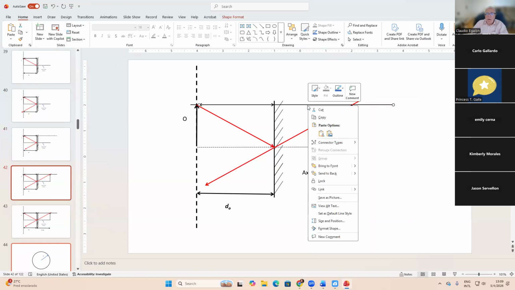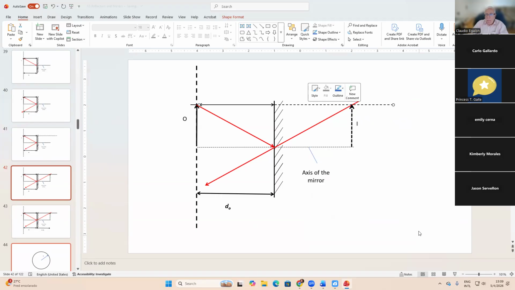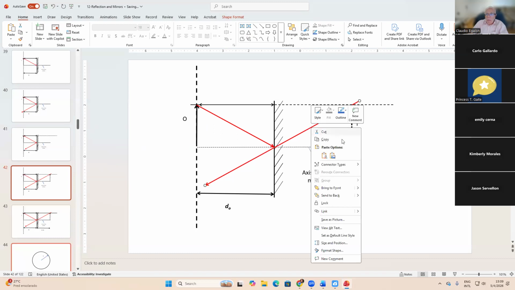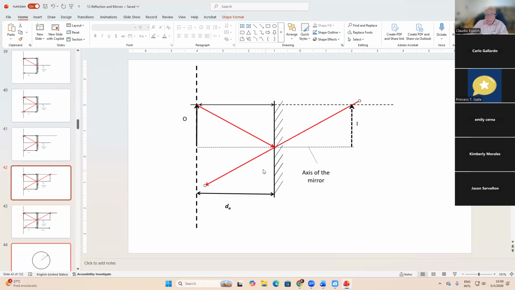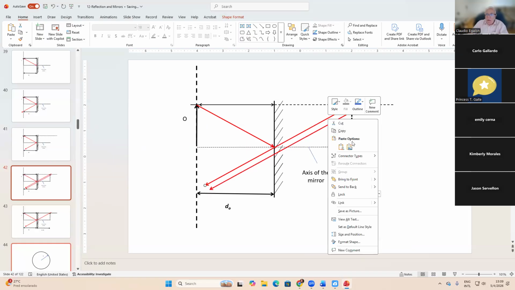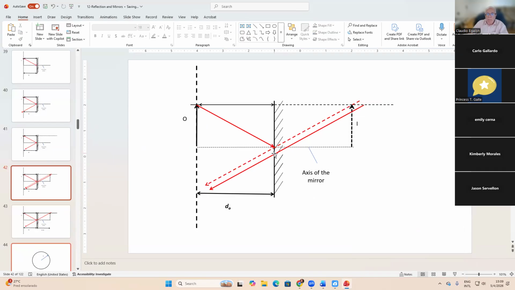This one I can dash, the other one I believe I can't. If I dash this one, everything else is going to be dashed, but that's okay. First, let me copy and paste. And now I can dash it.